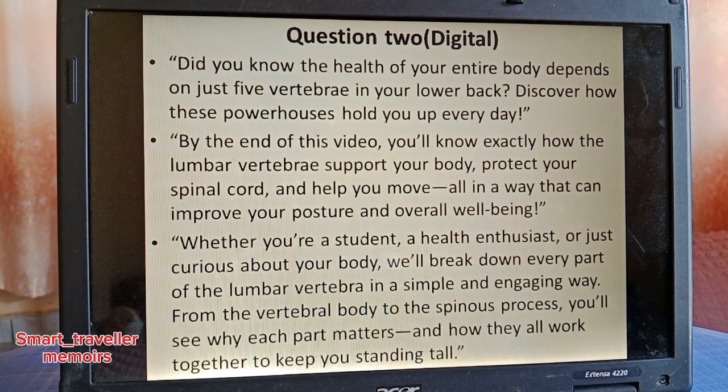Whether you are a student, a health enthusiast, or just curious about your body, we will break down every part of the lumbar vertebra in a simple and engaging way. From the vertebral body to the spinous process, you see why each part matters and how they all work together to keep you standing tall.